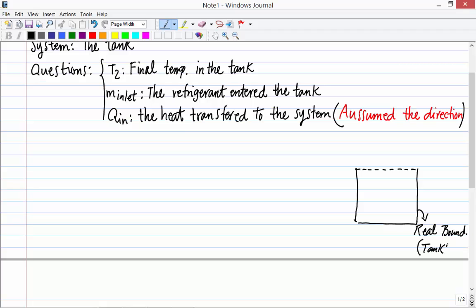And the dashed line is an imaginary boundary.